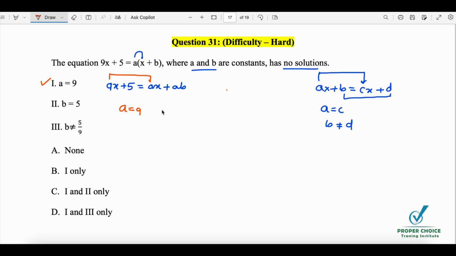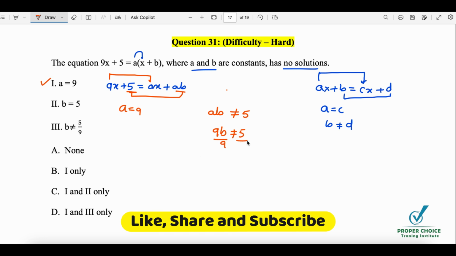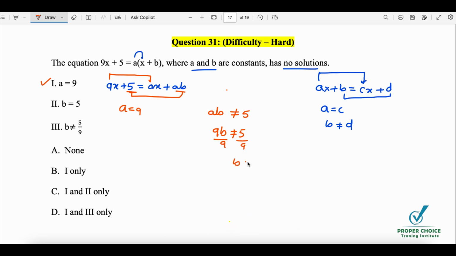For the second one, the constant term 5 should not be equal to ab. After substituting the value of a, it becomes 9 times b should not be equal to 5. Divide by 9 on either side, which gives us b should not be equal to 5 by 9. This is also another statement.